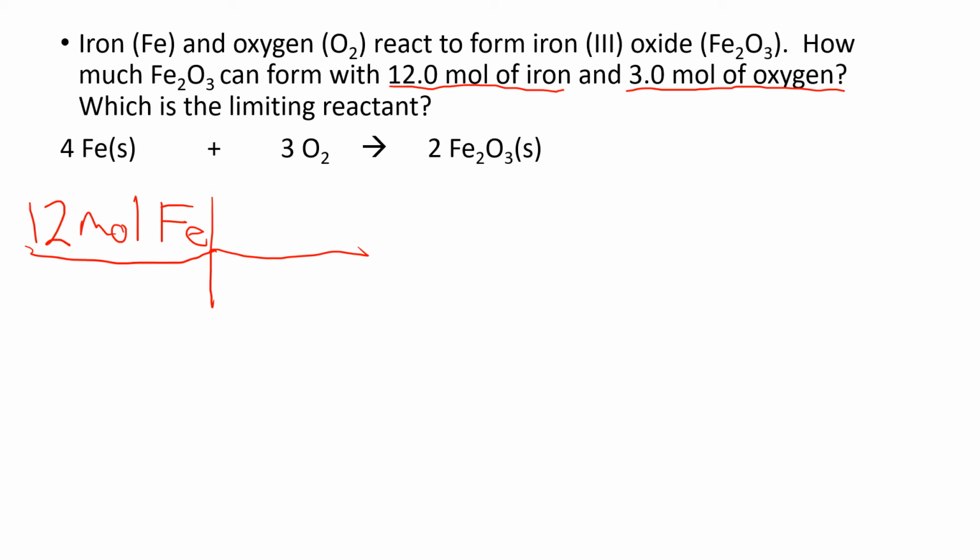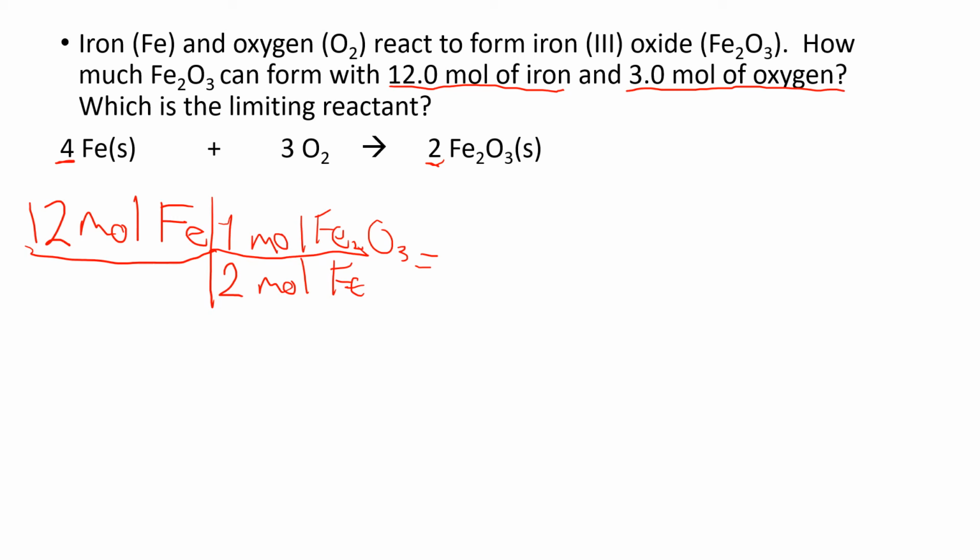And again, we're going to be using our coefficients in our chemical equation to show the molar ratios. And since we've got a 4:2 ratio, we can reduce that to 2:1. So we can make it a little bit easier on ourselves, and we can just say that for every 2 moles of iron, 1 mole of iron 3 oxide is formed.